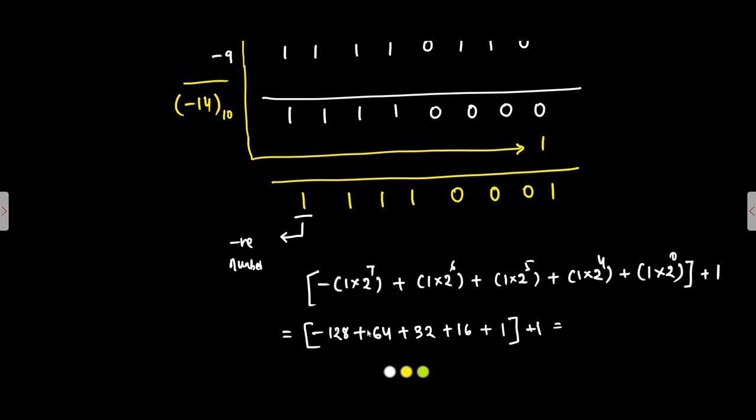So minus 128 plus 64 plus 32 is 96, plus 16 is 112, plus 1 is 113, plus 1. So it is equal to minus 15 plus 1, which is equal to minus 14. Yes, both sides they are matching, so it is the correct result.